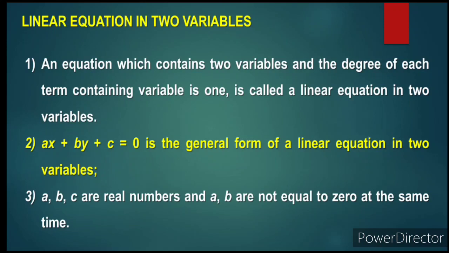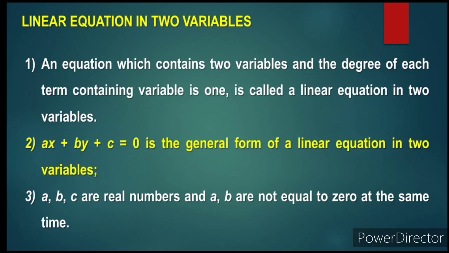If a equals 0, then your equation will be by plus c equals 0. Or if b equals 0, then your equation will be ax plus c equals 0. So for this reason, a and b cannot be equal to 0. c can be 0. a, b and c are real numbers.